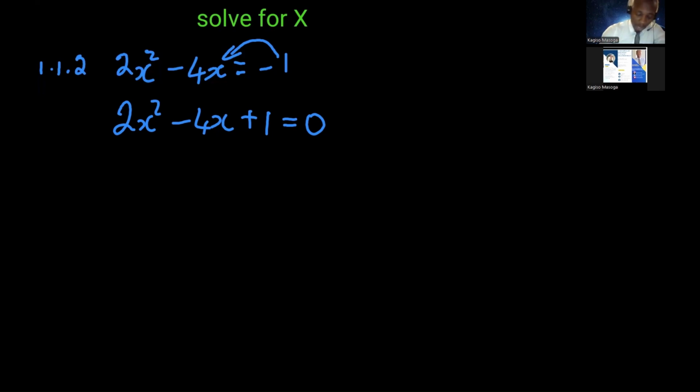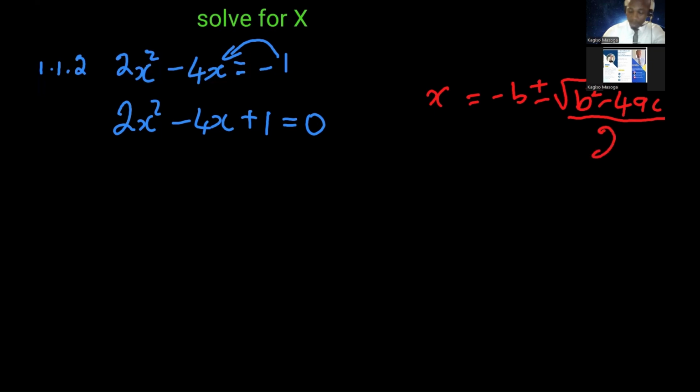All right. So when it's like this, that's when you're going to use the quadratic equation. Now, what is our quadratic equation? x is equal to minus b, plus or minus the square root of b squared minus 4ac, all divided by 2a.